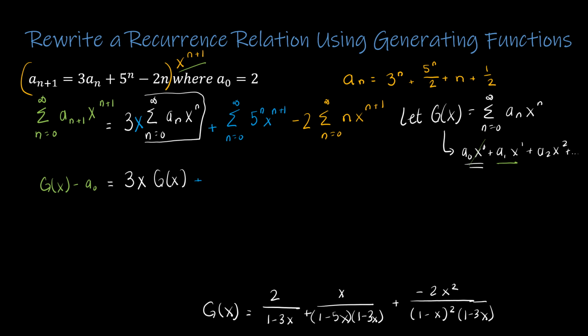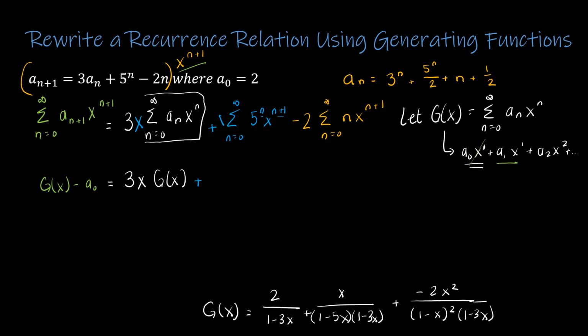Okay, let's take a look at the blue one. Again, this is not the power series. This is not going to be replaced by g of x. However, I still have this issue where I've got 5 to the n and x to the n plus 1.